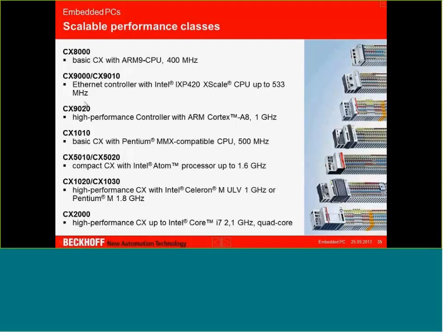With our 9020, we're now at 1 gigahertz on an ARM processor. Still very low price, high performance systems. And then as we go up to our newer product line, our CX2000, which can have an i7 quad core processor in it. So very, very scalable product range.